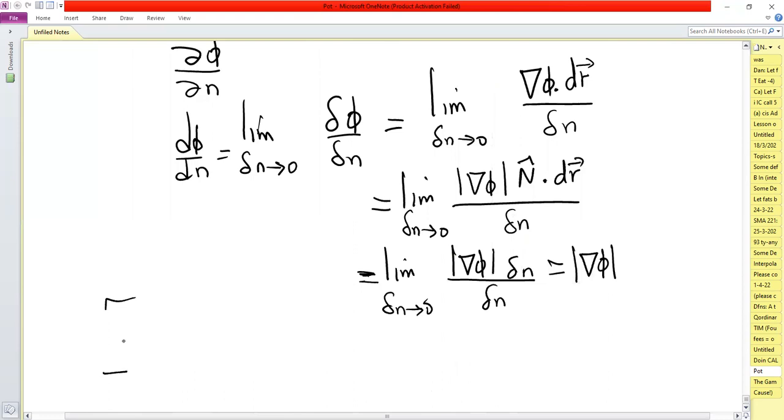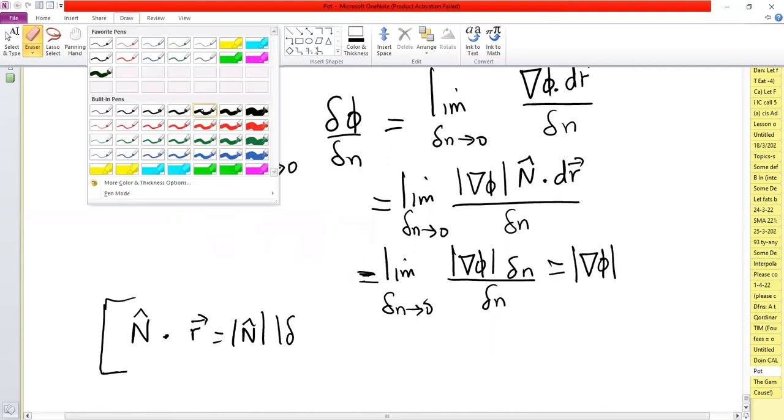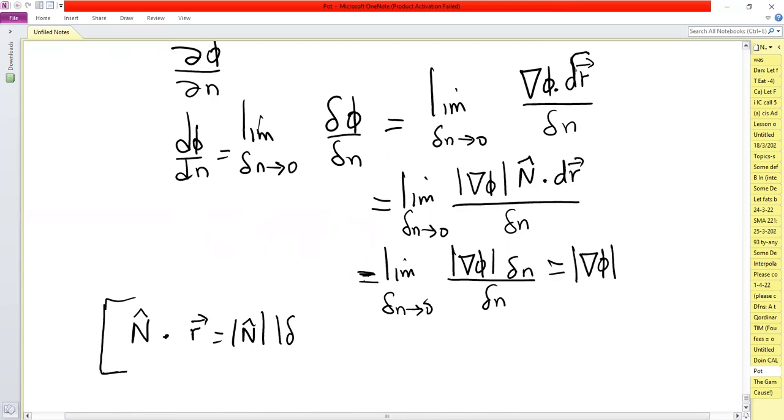Please note that n dotted with delta r is the same as magnitude of n times magnitude of this delta r cosine of theta, which is the same as magnitude of delta r cosine of theta, which is the same as dn.